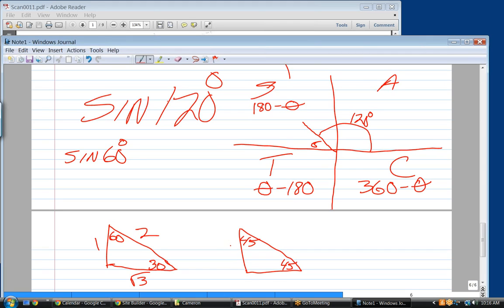What's opposite the 45? This has to be 1. What is this? Use the Pythagorean theorem. 1 squared plus 1 squared, so just 2. Square root of that. √2.